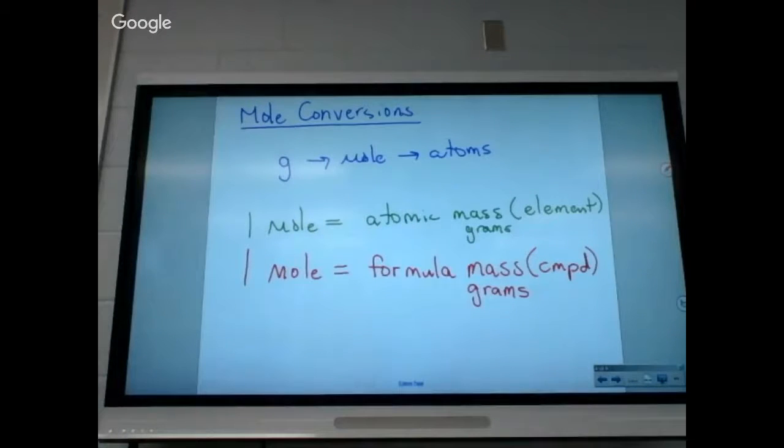So now, not only can we use that a mole is equal to the mass of an element, we can also say that a mole is equal to the mass of a compound.